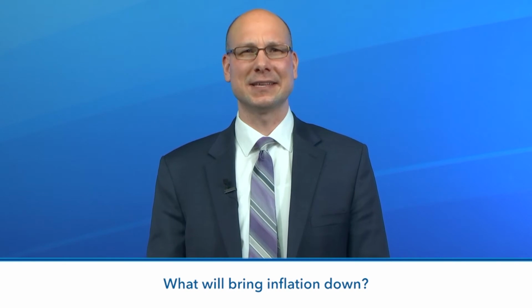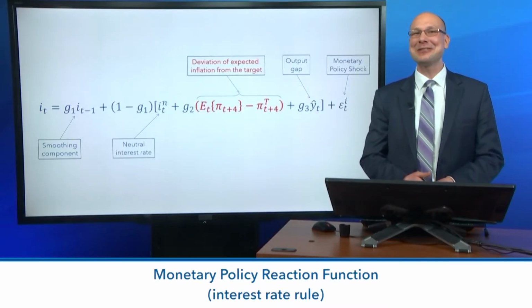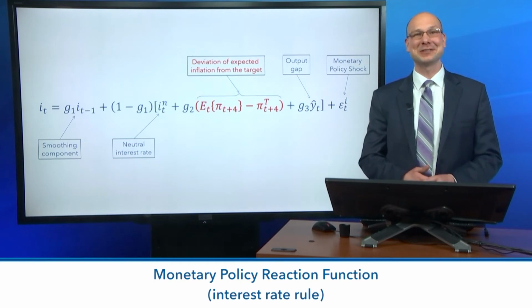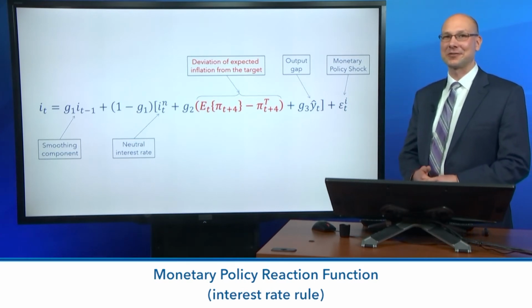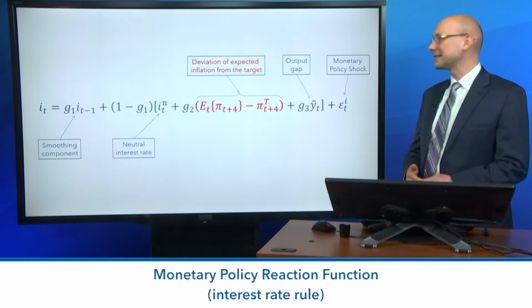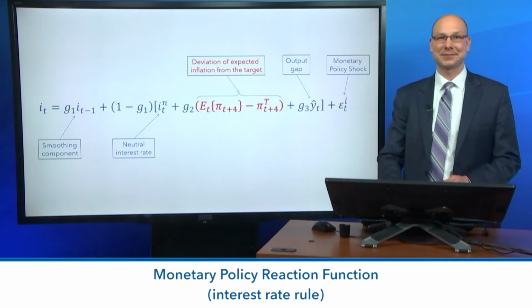What will then, in the end, bring inflation down? Well, it is the central bank's active intervention to achieve its policy goals. As reflected in the monetary policy reaction function, the central bank dislikes projected deviations from the inflation target.